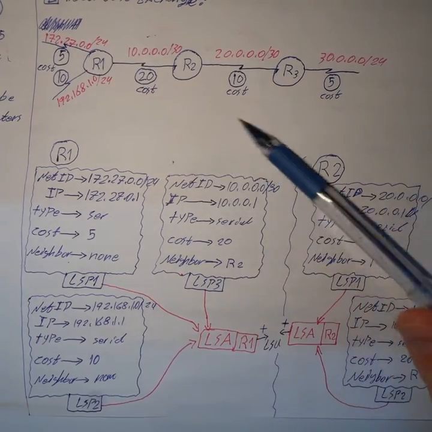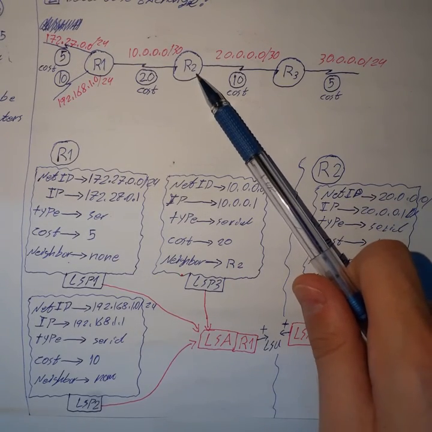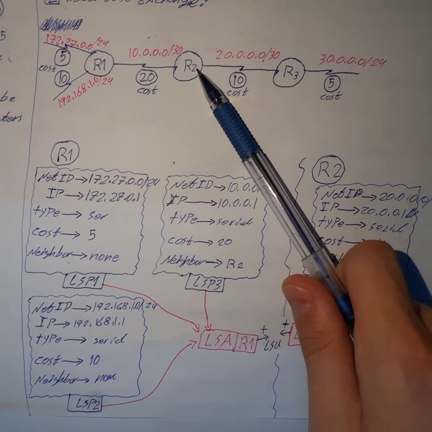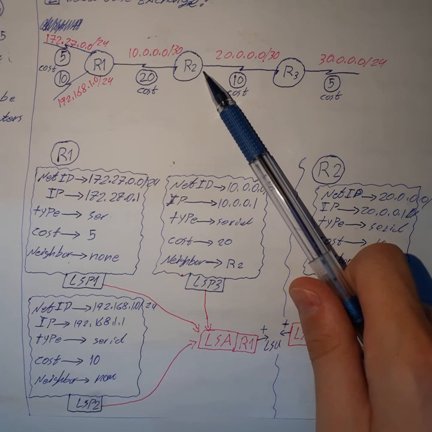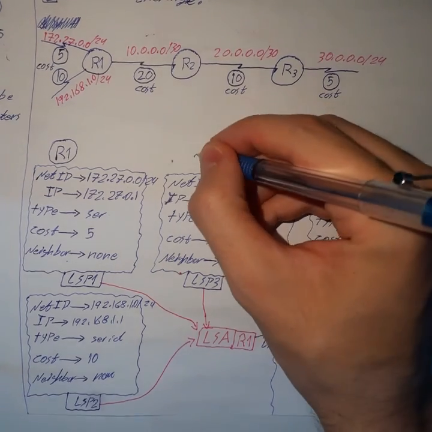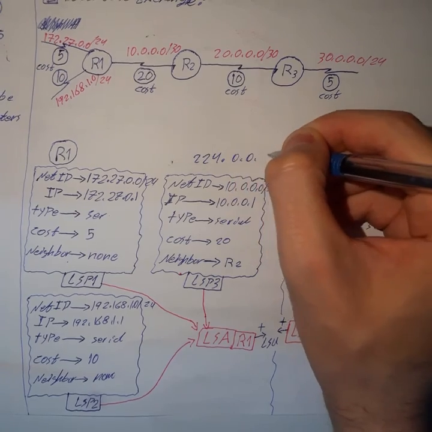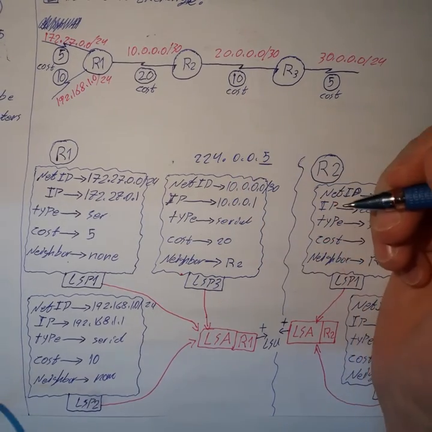So router 1 cannot send it to router 3, it sends it to just router 2. Also, that's using flooding that we talked about, using 224.0.0.5 on a group 5.